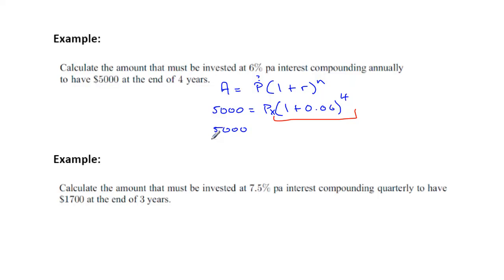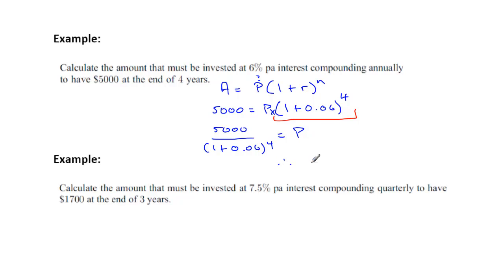In algebra you would divide by this to move it from this side to get P on its own. So we're going to put our bracket here, 1 plus 0.06 to the power of 4, and that will actually give us our value of P.